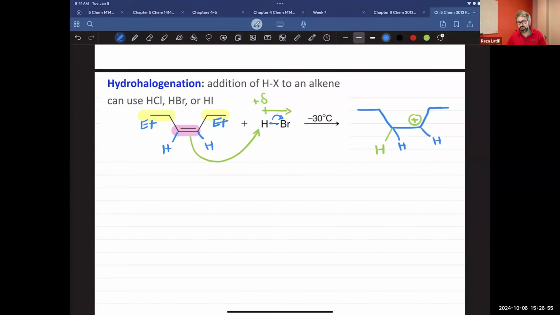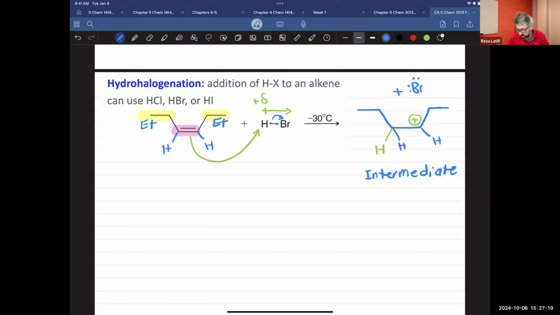So one of the carbons is now saturated, while the second has a positive charge. And this one will be the intermediate.